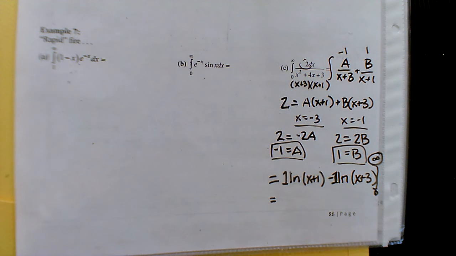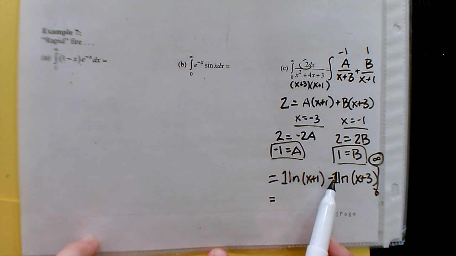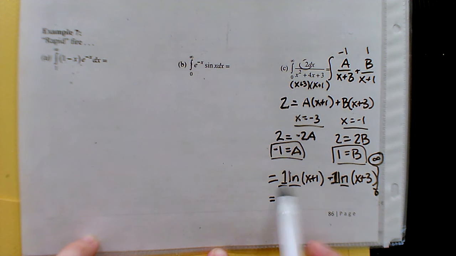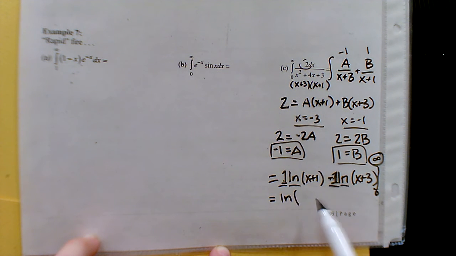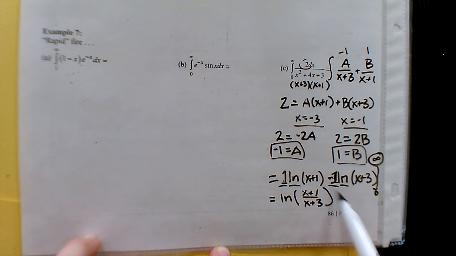Yeah. Because you're subtracting logs with the same base, you can make it a single log. There we go. We're subtracting the same log, and they have the same kind of coefficient out front. That's important. If this was a 2 and that was a 1, you couldn't use that property. It has to be the same log and the same coefficient. So what would it look like, Eric? You said natural log of x plus 1 over x plus 3. Good.